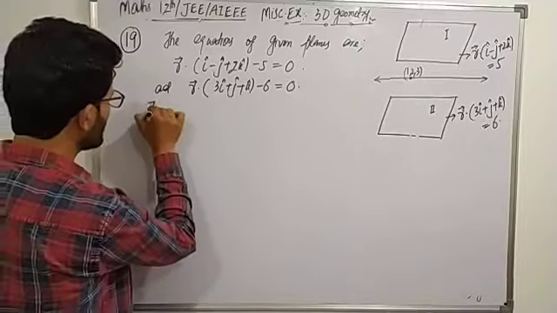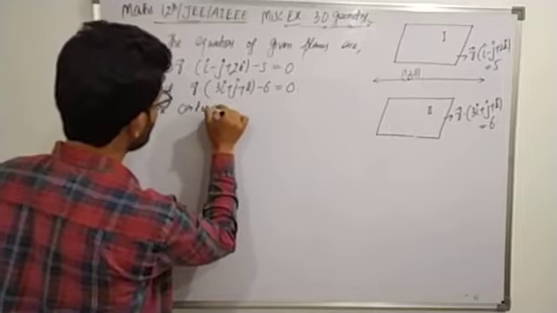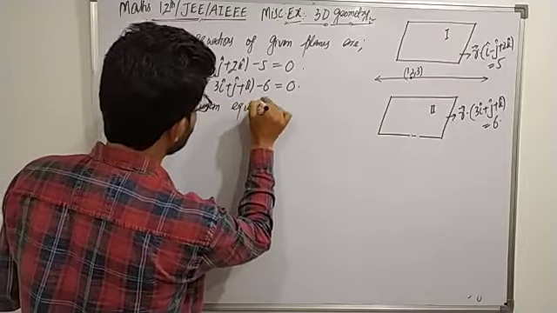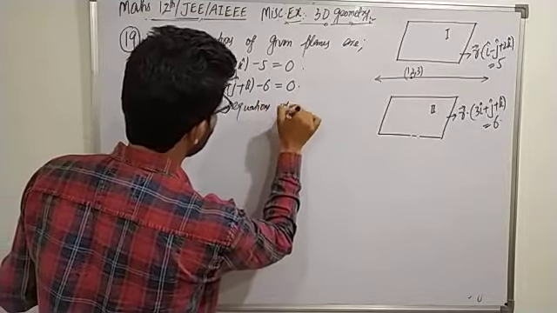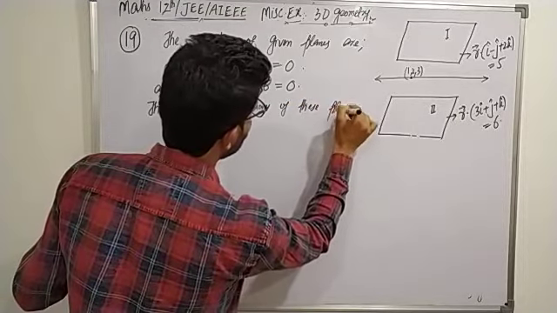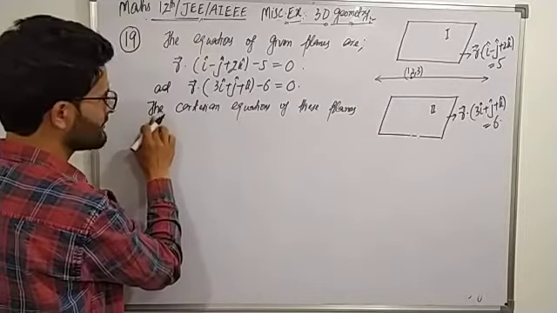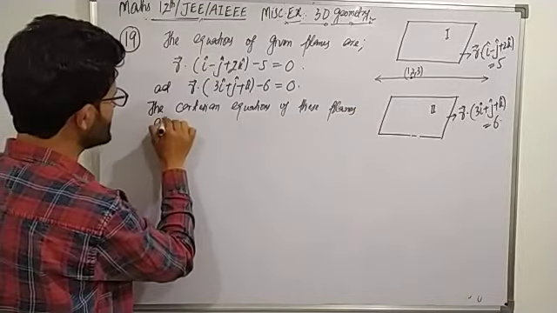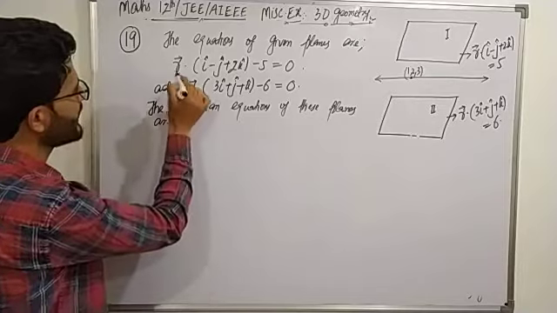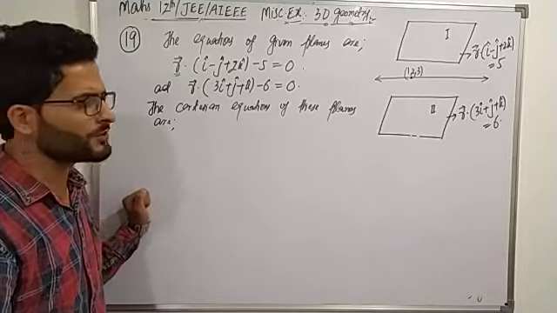So what would be the Cartesian equations of these planes? The r vector is actually xi plus yj plus zk, the position vector of an unknown point.